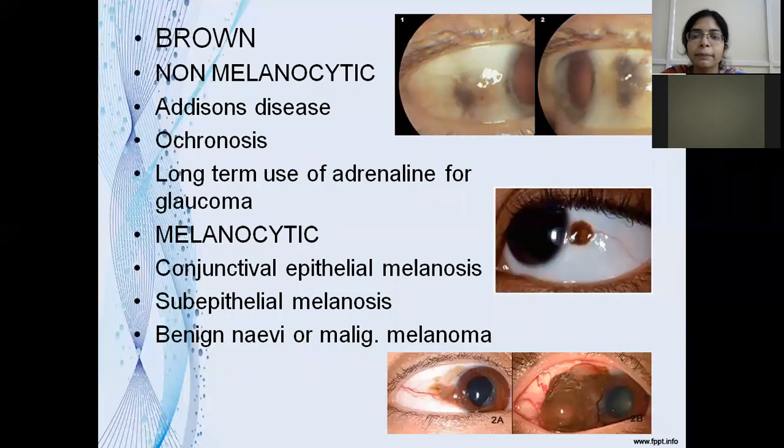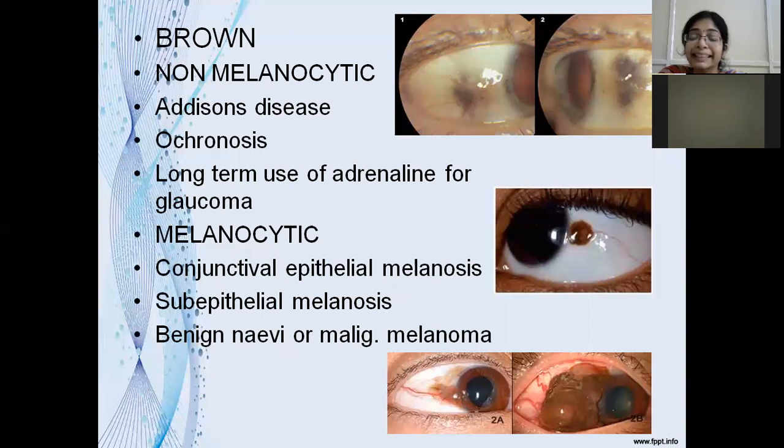Now, when does the patient have a brown appearance? See, brown appearance can have two main causes, which are non-melanocytic and melanocytic. The patient has Addison's disease, or he uses adrenaline for glaucoma treatment for a long time. Then he can develop such brown pigmentation in the conjunctiva. What are the melanocytic causes?